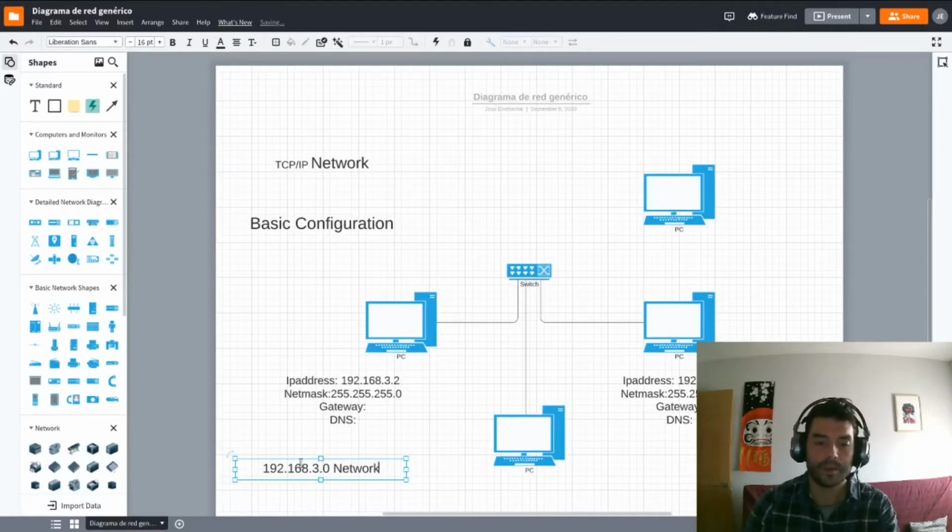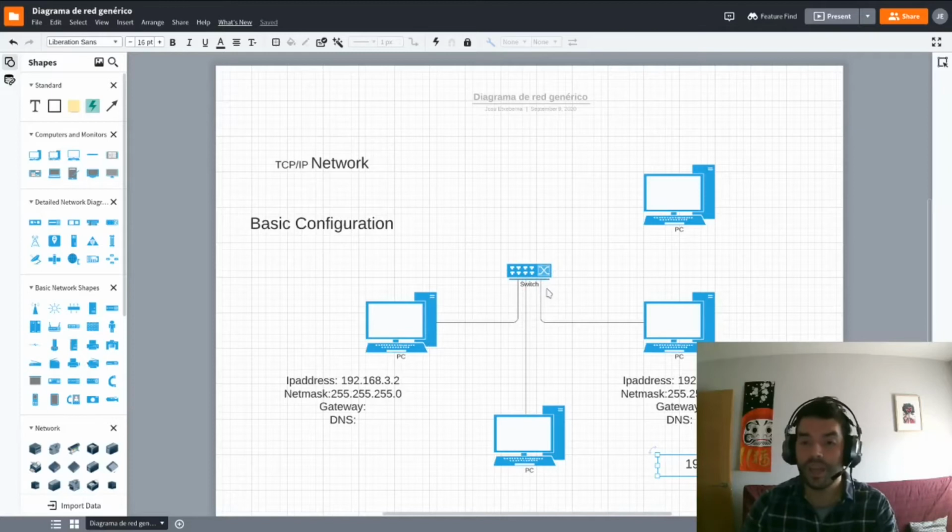Okay? So these two computers, this one and this one, they are in the 192.168.3.0 network, and they are connected, so you can have a communication. We can communicate one with the other, okay?